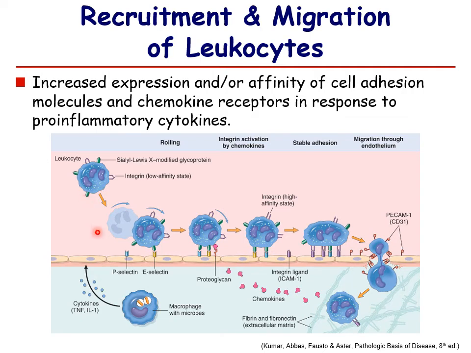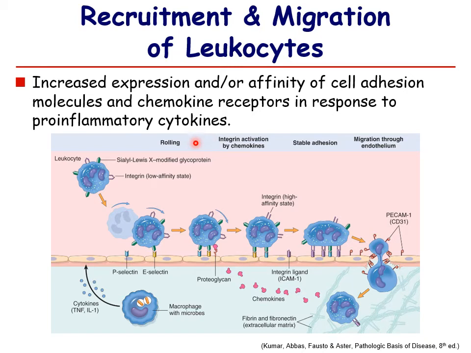With the increase in selectin in the vascular endothelium, the leukocytes begin to bind to the cell adhesion molecules. However, this is a weaker interaction, so the cells bind and come off, roll down, and then bind again, come off, and roll down. So they begin rolling, due to the interaction with the cell adhesion molecules expressed on the endothelial cells.